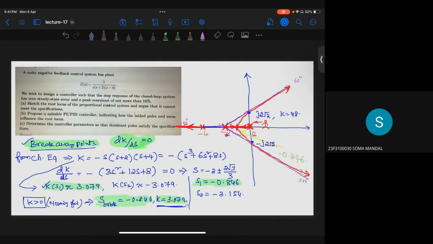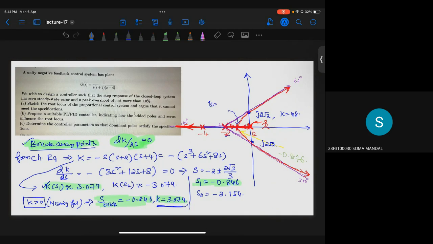Is there any doubt? Only these red lines in this picture are part of the root locus. Any doubt? No, sir. So now this is the question. The minus 2 pole and 0 pole are coming and hitting here.